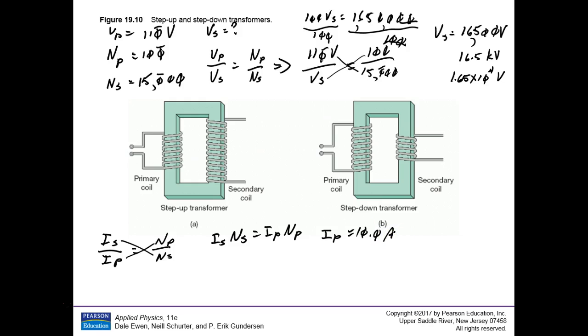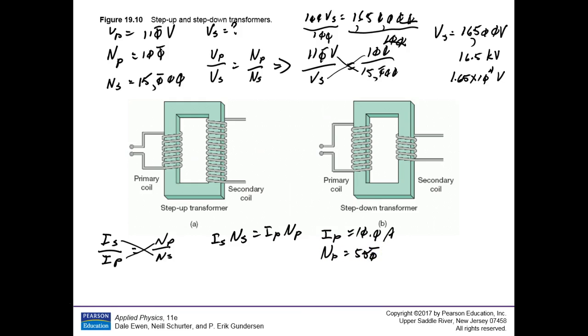If the primary coil has 550 turns, what's the symbol for that? N sub P, number of turns, and that's 550.